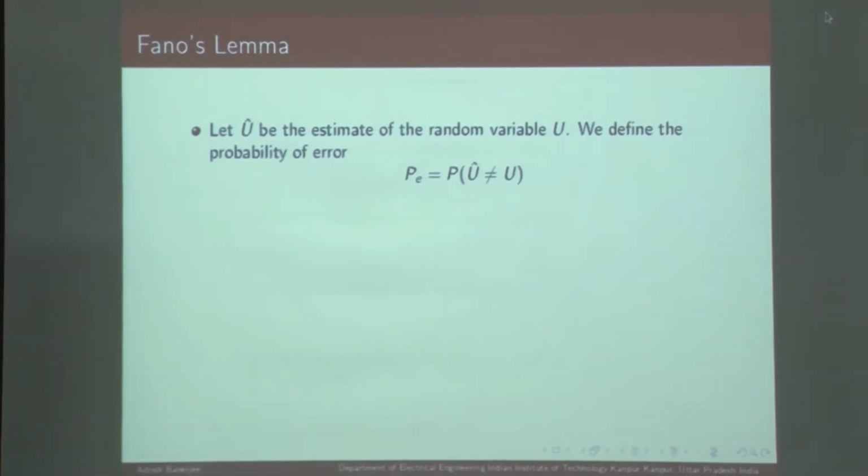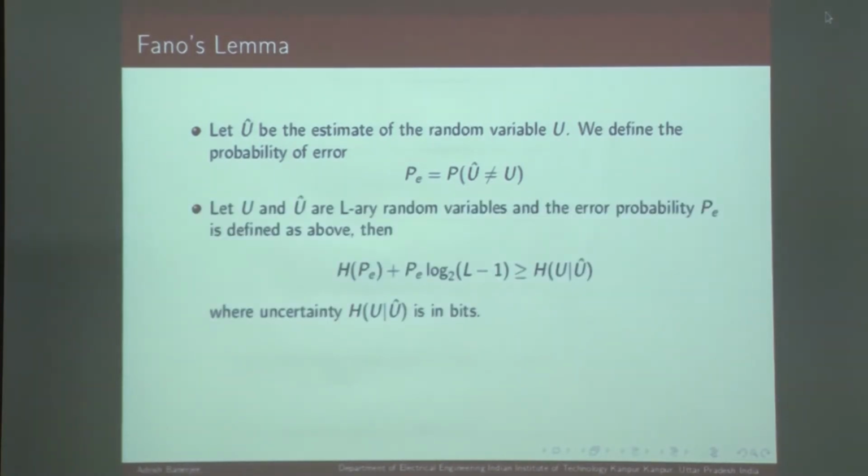So, let U hat be the estimate of a random variable U. Now, when U hat is not equal to U, we know there is an error, and when U is equal to U hat, we estimated the bit correctly. Okay. So, let U and U hat be L-ary random variables, that means they take L possible values, and the probability of error is defined as this. So, when U is not the same as U hat, there is an error.